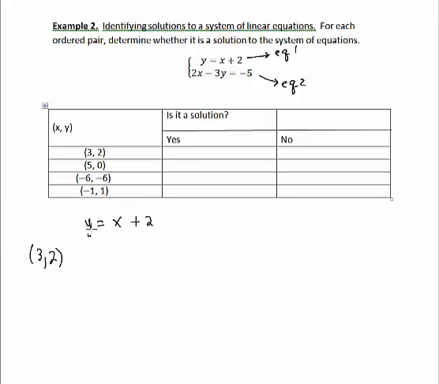And if our ordered pair doesn't work for this one equation, then it cannot be a solution to the system. So we would check no automatically without even checking the other equation. Alright, so y is on the left, my y coordinate's 2, x is on the right, it's a 3, and these aren't equal. 3 plus 2 does not equal 2, so no. The ordered pair 3, 2 is not a solution to the system.